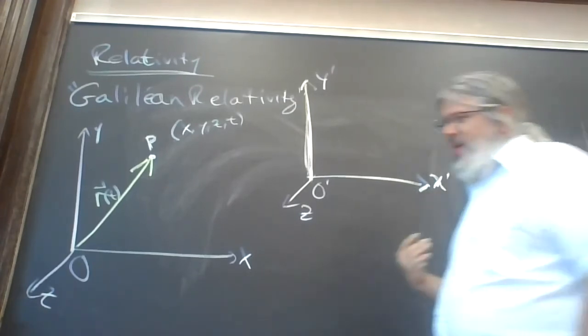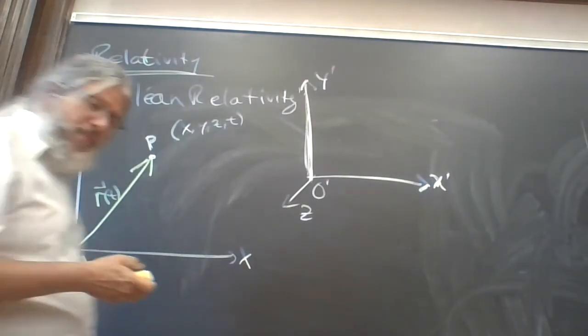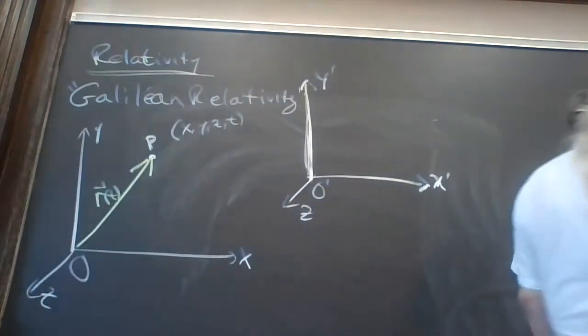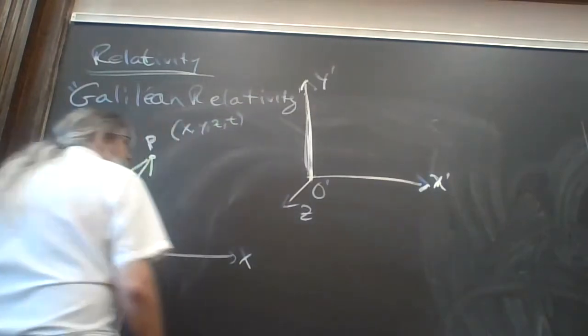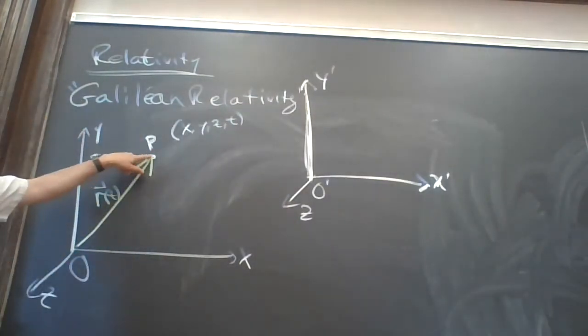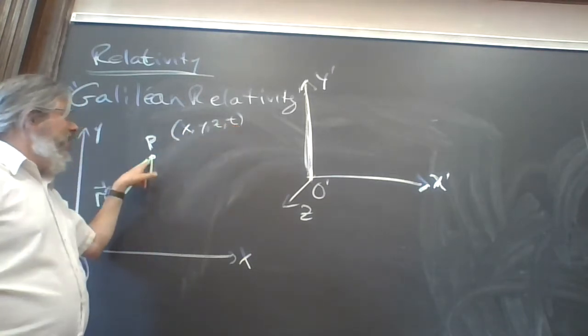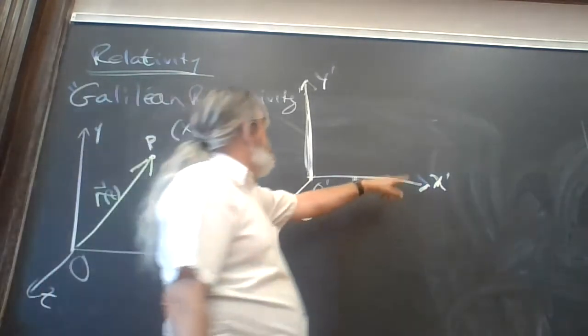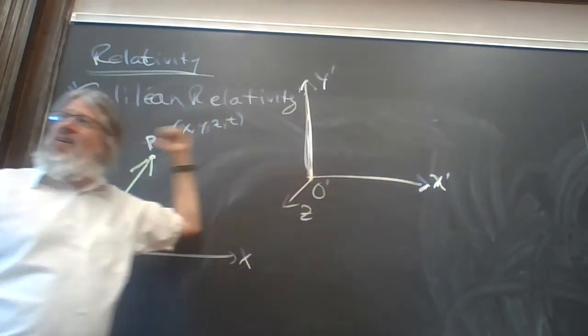Now, given that the coordinate system is there, what can I say about the position of the particle? This particle can be described by these numbers x, y, and z, but can also be described by x prime, y prime, and z prime, which are different numbers because this other coordinate system is over here, not over here.